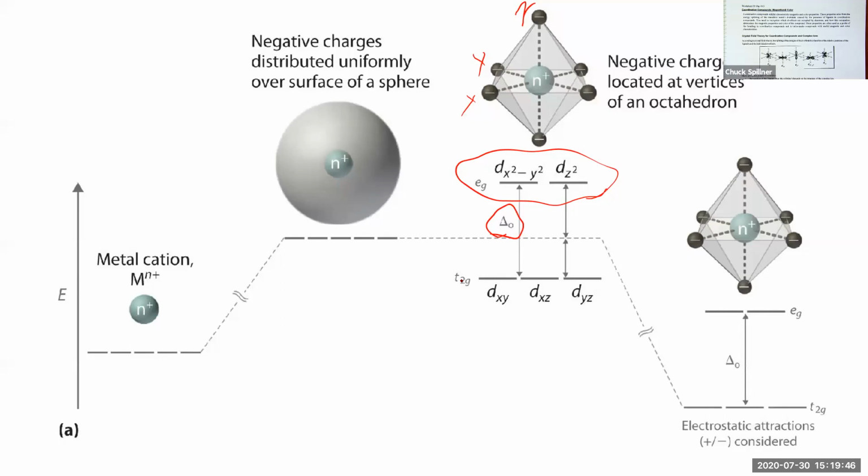So when everything settles down, finally, you get this splitting. This was a high energy splitting, but when the ligands get close enough and form the chemical bonds, you gain some energy. When the ligand gets close enough to the metal ion, it forms the bond where the ligand donates a pair of electrons to the metal, forming this coordinate covalent bond, which is a really strong bond, almost like a covalent bond.